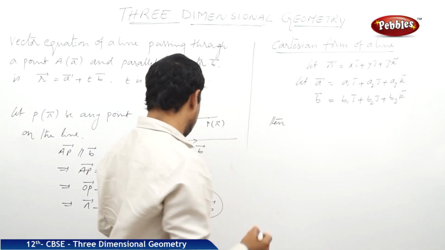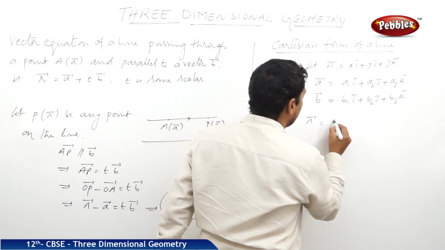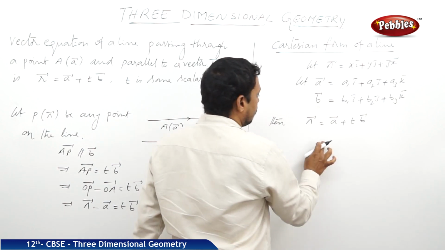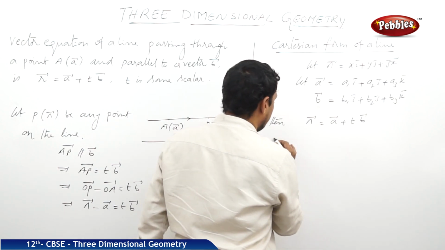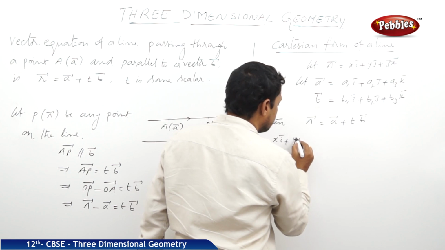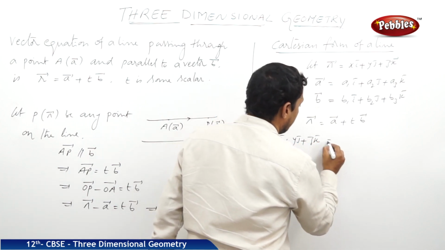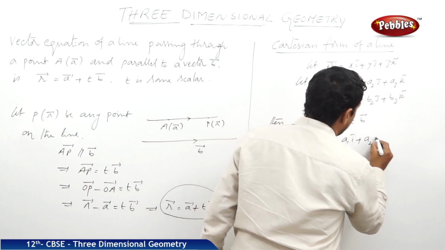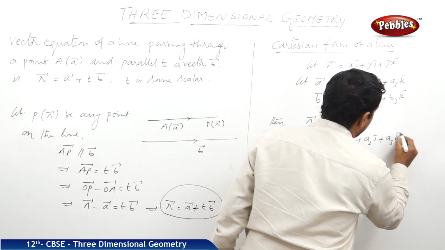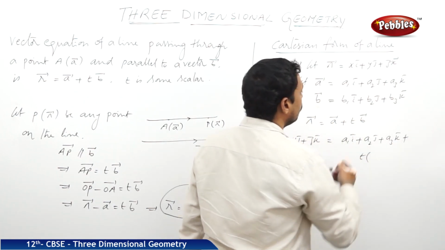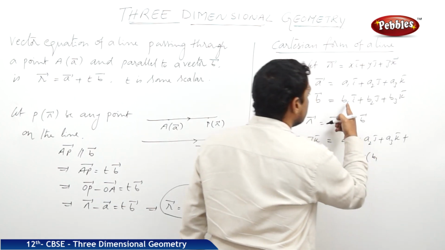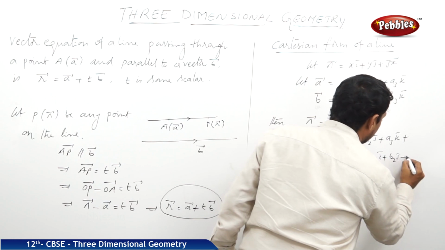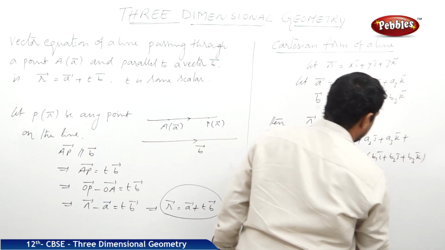Then see here, R bar is equal to A bar plus t into B vector, but R bar is xi plus yj plus zk, equal to A vector a1i plus a2j plus a3k plus t into B vector, which is b1i plus b2j plus b3k.